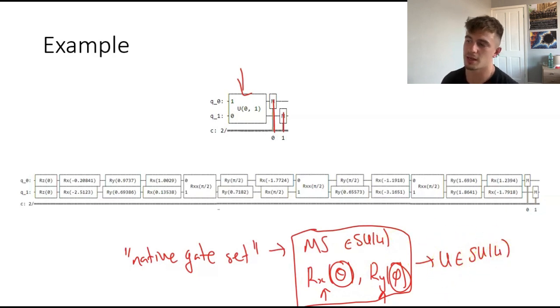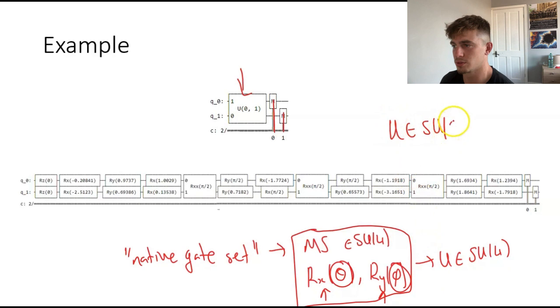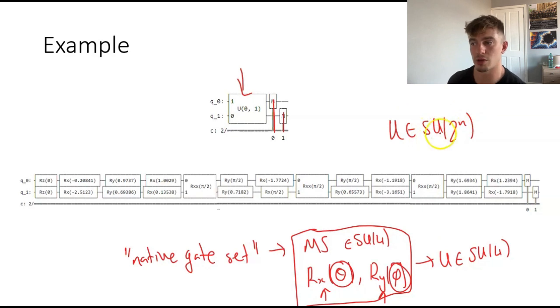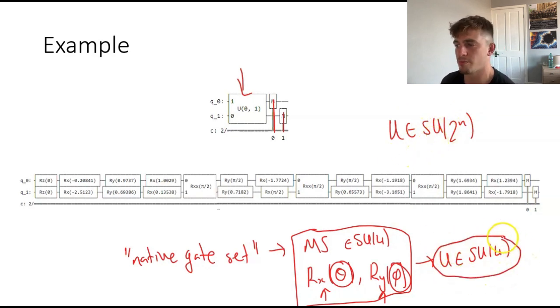Then again, one step up, what we actually want to implement is a unitary in SU(2^n) for n qubits, so any unitary on n qubits, which is just another way of thinking about a quantum algorithm. It turns out that if I can approximate any 2-qubit gate, then through chaining these together and using the tensor product, I'm able to implement any n-qubit gate.